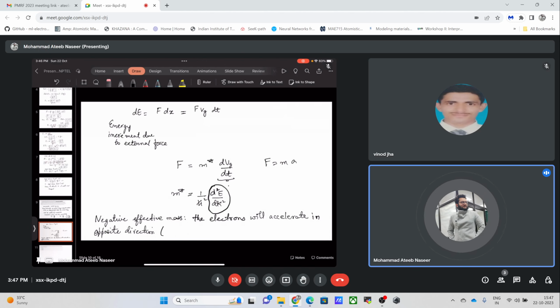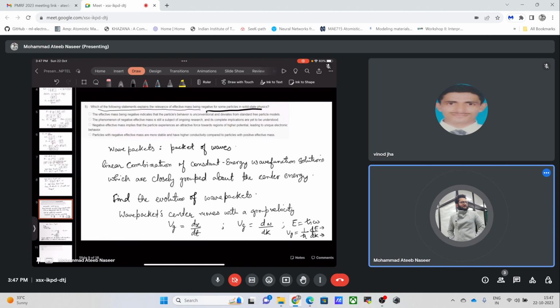So this is in response to external forces. This negative effective mass simply means that we are having the opposite impact.